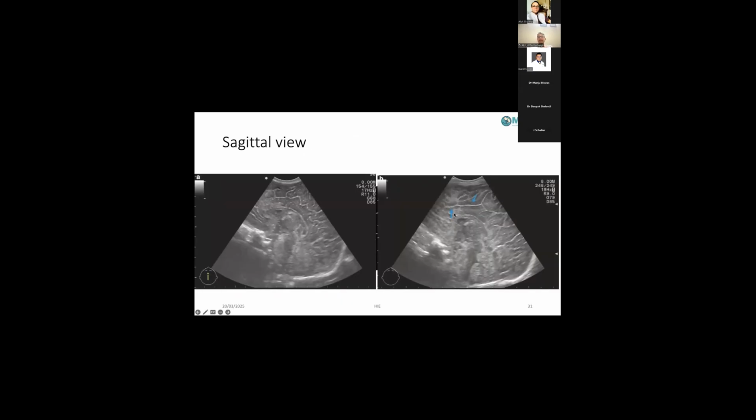Sagittal view again, and you can see a very sulcated brain, a lot of gyral and sulcal infoldings. Can anybody tell me which one is normal, which one is abnormal between these two? As in, which baby is suffering from HIE? The one with the blue arrow marks is the normal one, and the other one is abnormal. Excellent. And how do you make that difference?